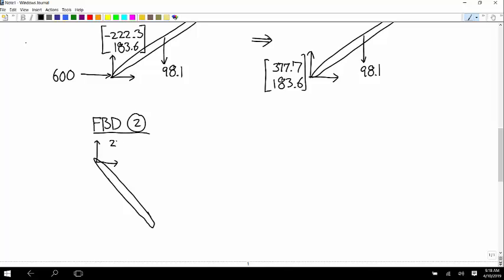So that's positive 222.3, negative 183.6. And then you have the downward weight force of 98.1. And then you have the reaction force at the wall with the opposite direction of what we said originally, with a magnitude of 168.1 newtons.